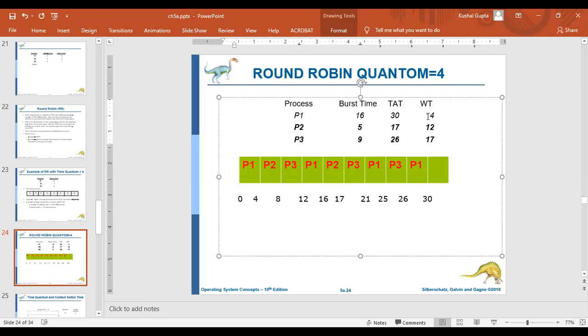So these are the waiting times. Now you can calculate the average of turnaround time and the average of the waiting times.